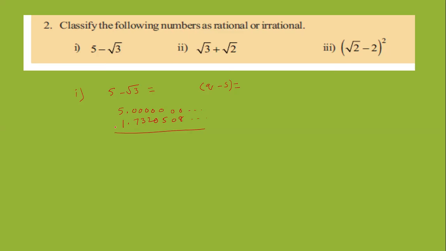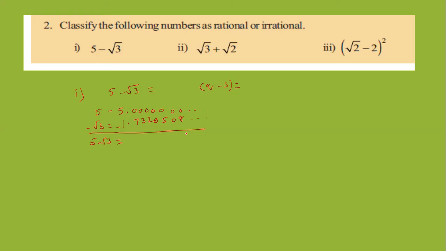Now you observe what you get: this is 5, this is root 3, here 5 minus root 3.